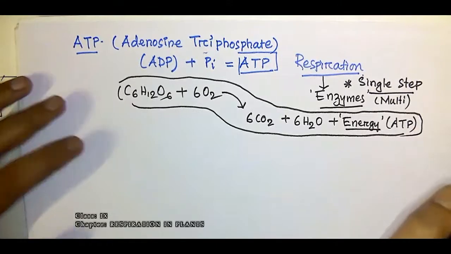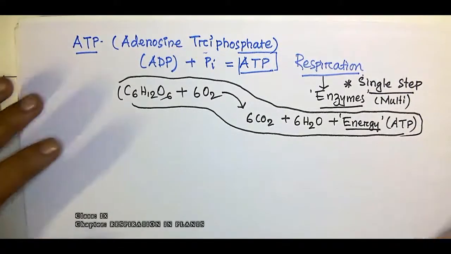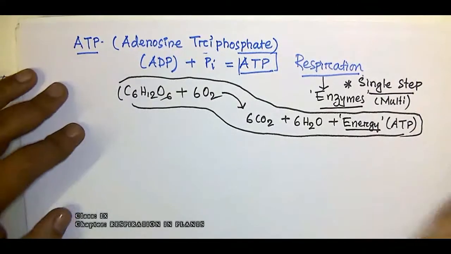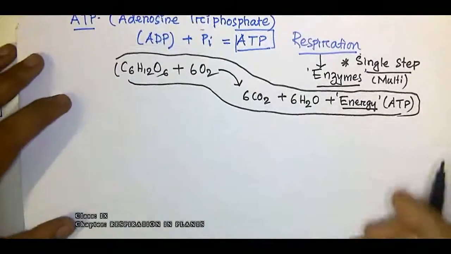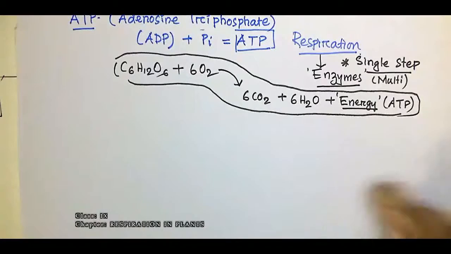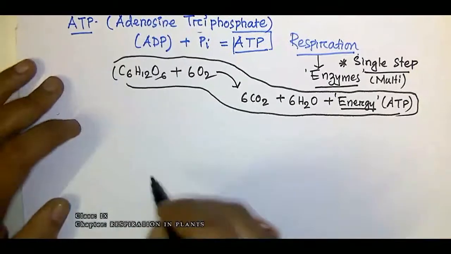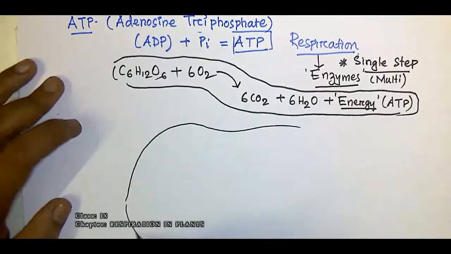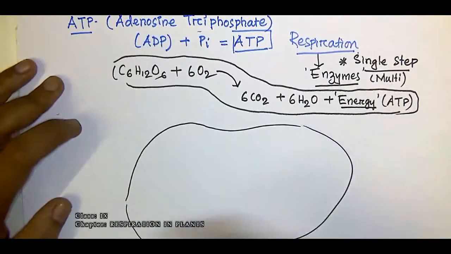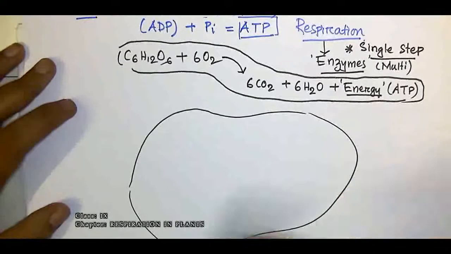Are we clear about the point? So when we talk about the process of respiration, please mind it that it is going to occur inside the cell. So I'll just give you an overview of cellular respiration first. Let's consider this to be a cell. Say this is a particular animal cell that we have.